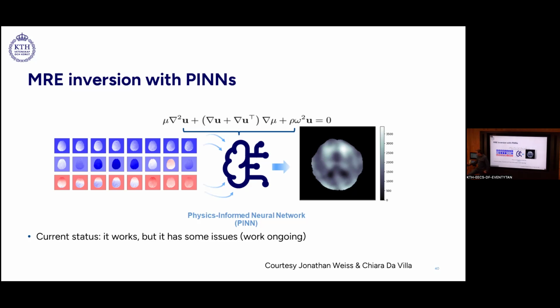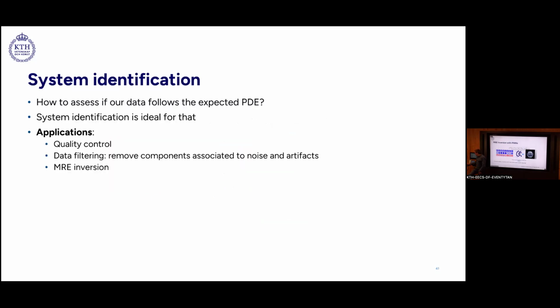Another problem is that the geometry of every person is different, so you cannot really reuse much of the pre-trained networks. But there are, of course, some studies that try to solve these issues, so we are testing them right now. It will work at some point, but there are some issues.